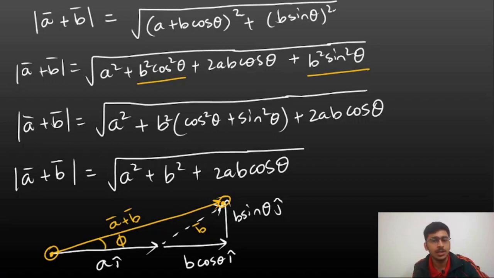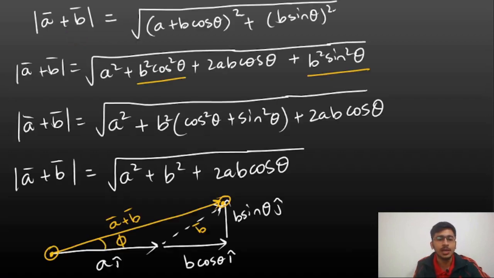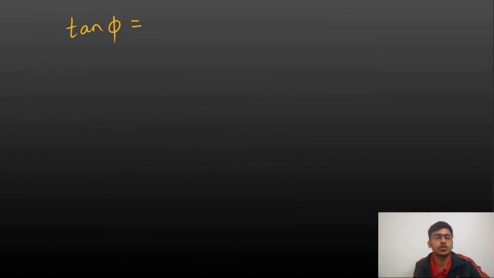And from this diagram, if we also want to find the angle between a and a plus b, it can be found easily. How? Well, I can write tan phi is nothing but perpendicular upon base. So in this right angle triangle, what is the perpendicular? Perpendicular is nothing but b sin theta. And what is base? Base is a plus b cos theta. Right?